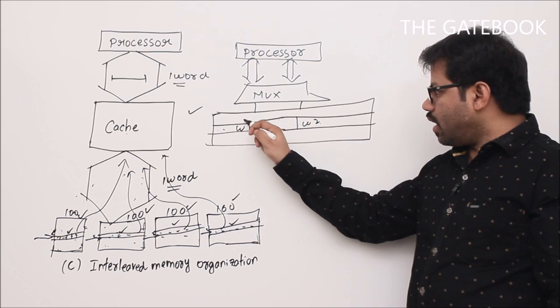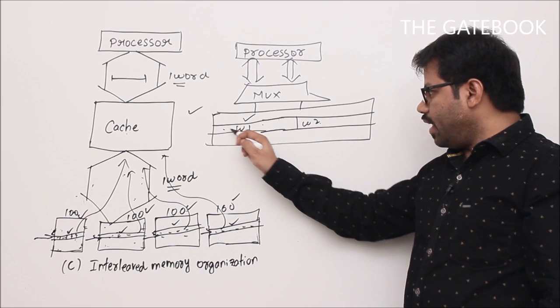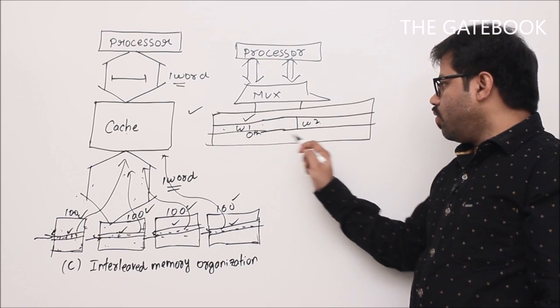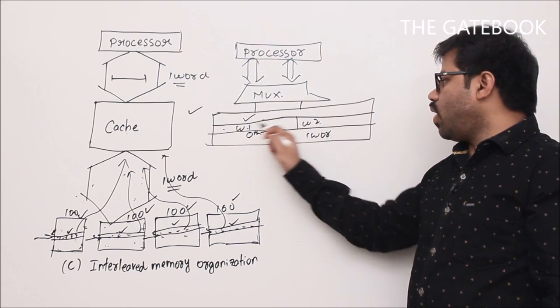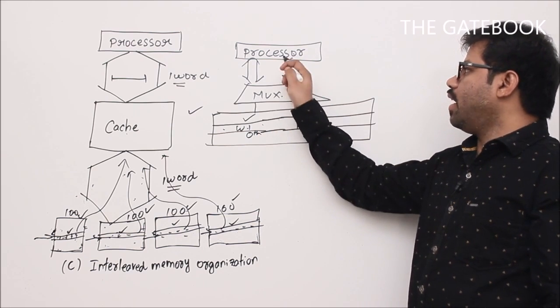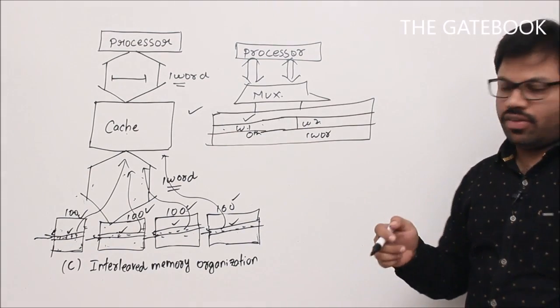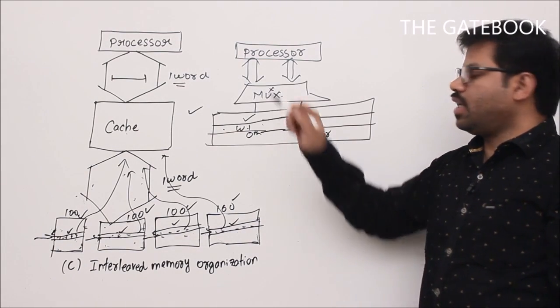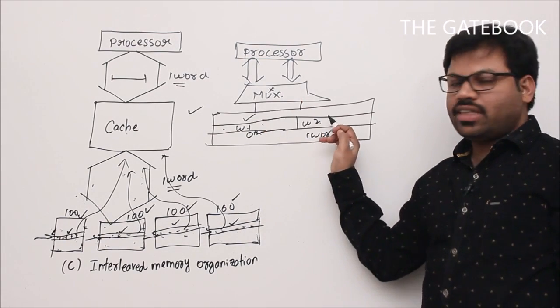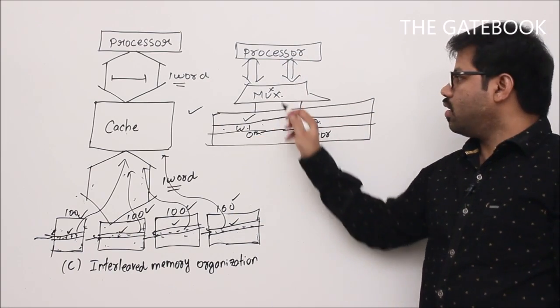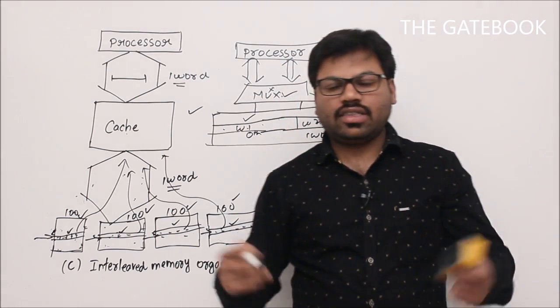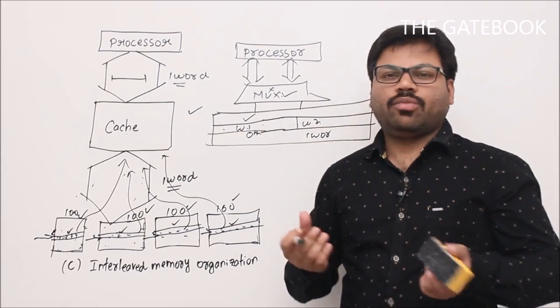So to fetch the right word, in each row this is the 0th word, the first word. This multiplexer is going to select one of the words, depending on the address specified by the processor. So in that way the multiplexer is required, because we have two words in the cache and we need only one word. Then which word you want, left side or right side, that will be decided by the multiplexer's control lines. Understand? So that is about the multiplexer.